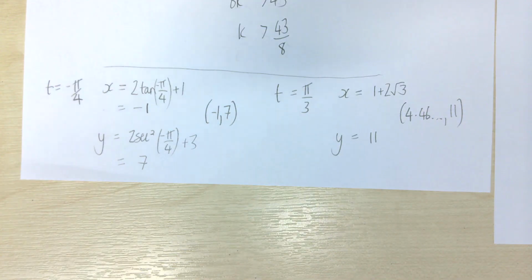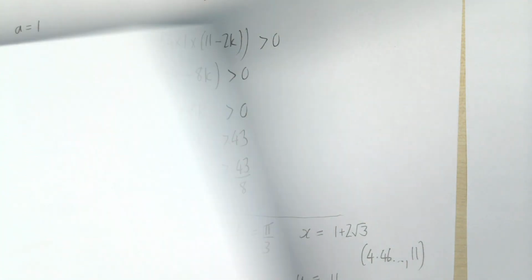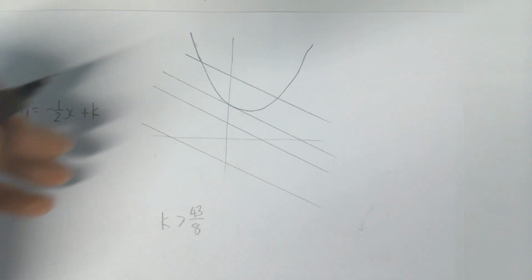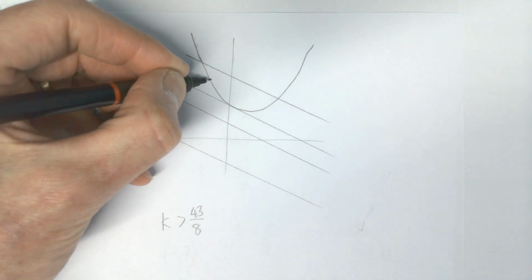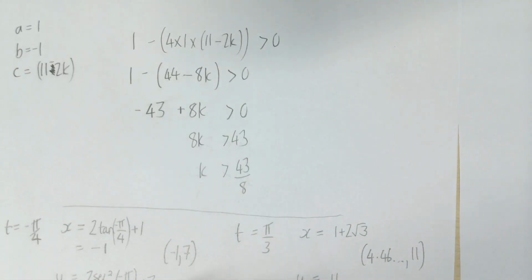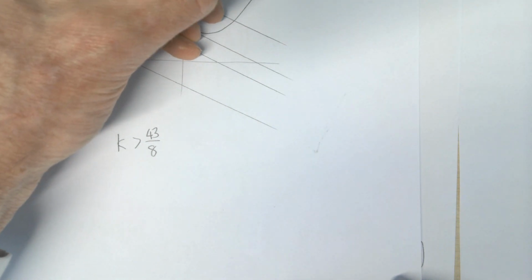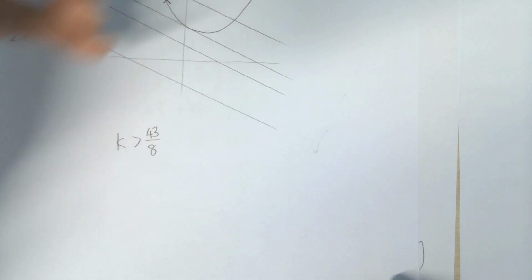Y is 11. So if I go back to my picture of a curve here, I know this curve goes from minus 1, 7, so that's perhaps here, all the way to 4.5, 11. So that might be up here somewhere.